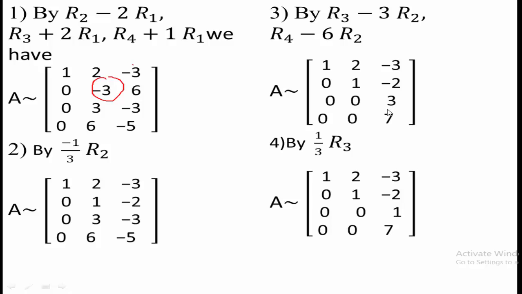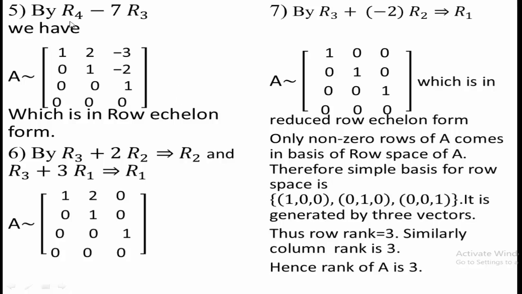Again at the third row we have 3 here, and we want to bring 1 here. So we multiply this third row by 1 by 3, and we will get 1 here. Similarly we have to bring 0 here. So we do R4 minus 7 R3, and we have this matrix.